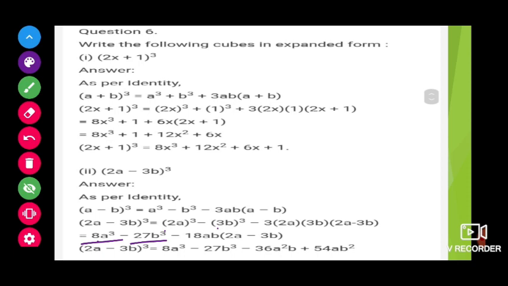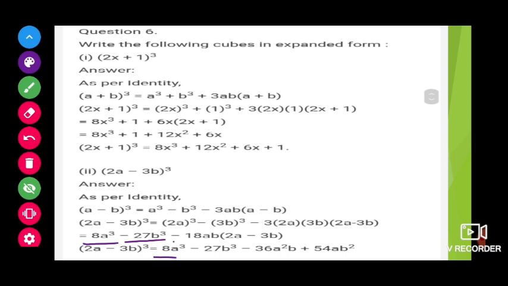Now a cube, 8a cube, b cube, 27b cube, means 3 into 3 into 3, 27b cube, minus 3 2s are 6, 6 3s are 18, ab into 2a minus 3b. Now if I multiply 18ab with the inside terms, we will get 8a cube as it is, minus 27b cube as it is.